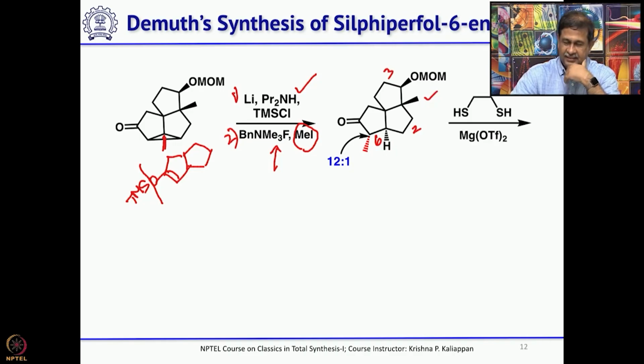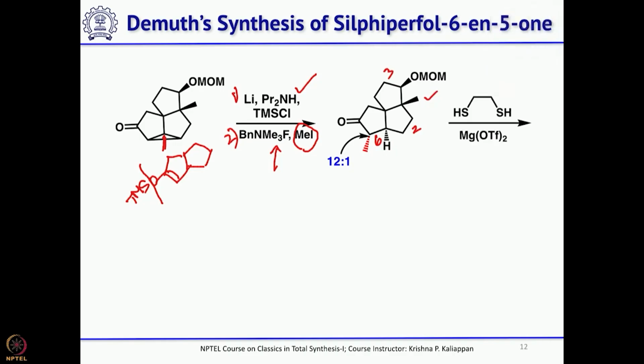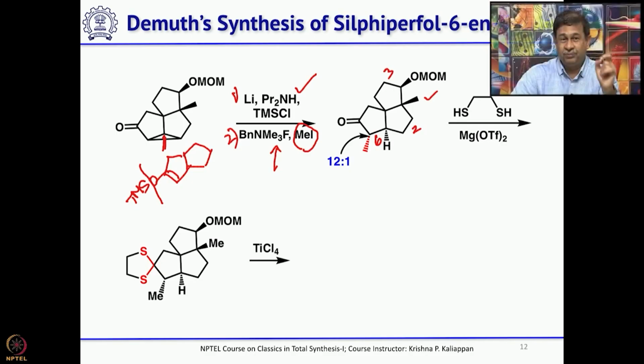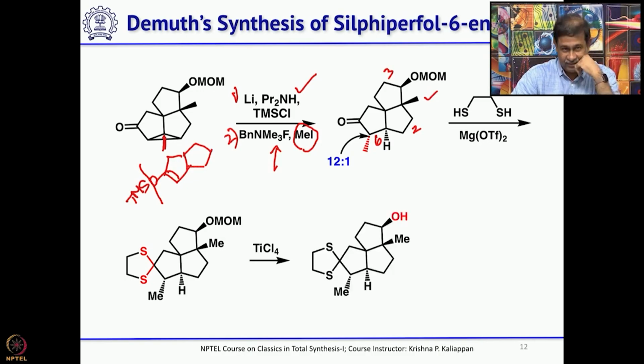Okay. Next step is to remove the carbonyl group. So, you do not want the carbonyl group. This can be done in many ways, but what they have done is they have protected the ketone as a dithiane derivative. Okay. Then you remove the MOM group using titanium tetrachloride, you get the hydroxyl group.